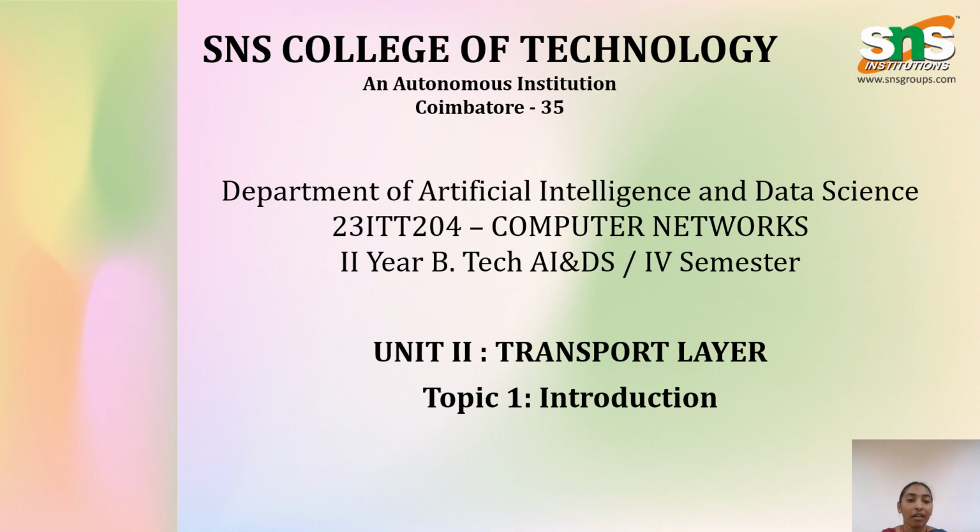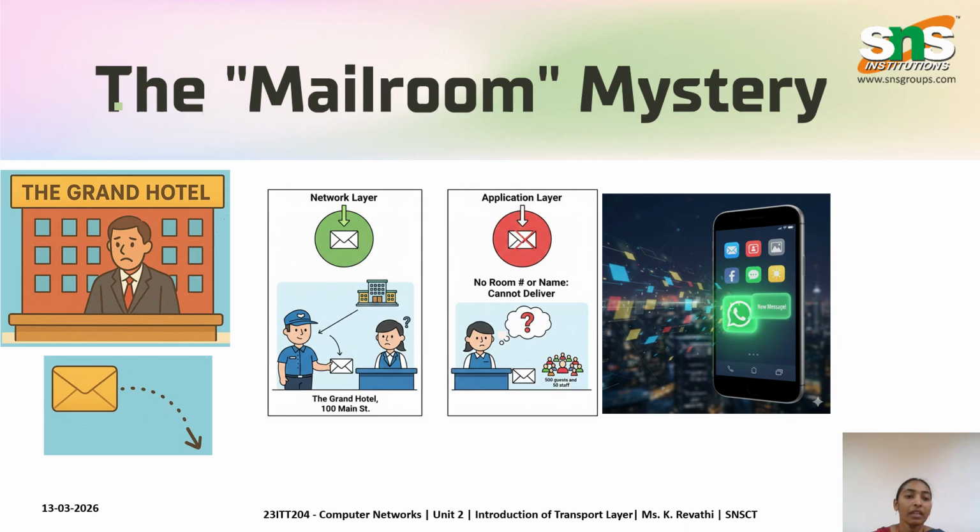Before we start, let me ask you a simple question. Imagine a mail room in a company. Many employees are receiving letters, parcels, and documents every day. If all letters arrive only at the building entrance without specifying the person or department, it will create confusion.